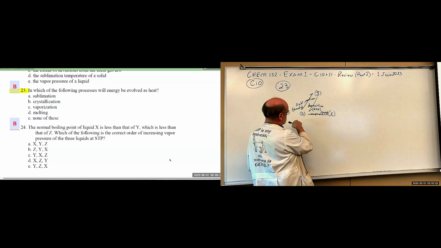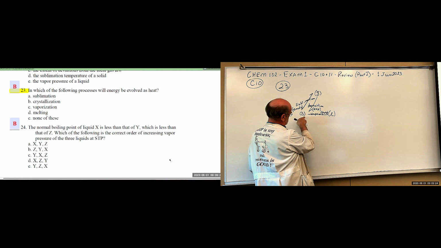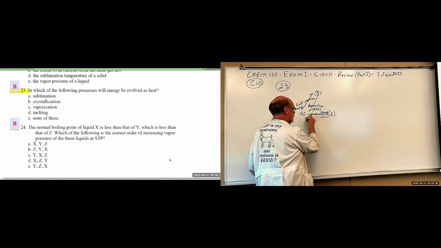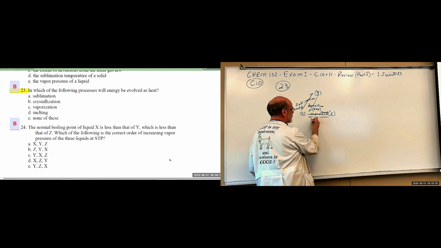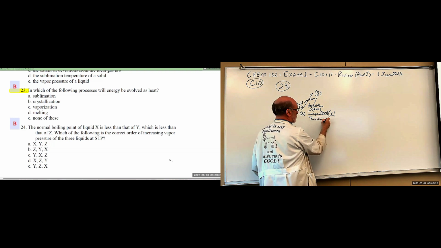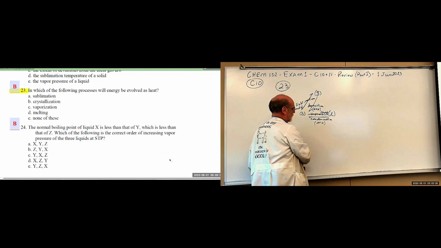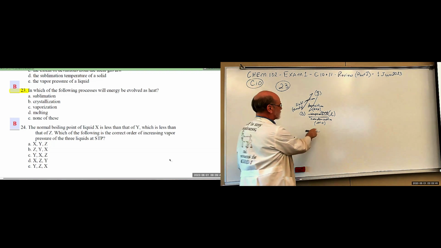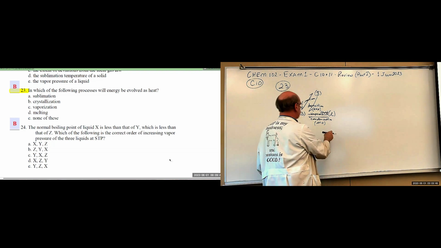Okay, yeah, solid to liquid is endothermic, and backwards is condensation. So this one would be exothermic. Right, is that up there? Evolve heat, condensation. Nope, that's not there either.